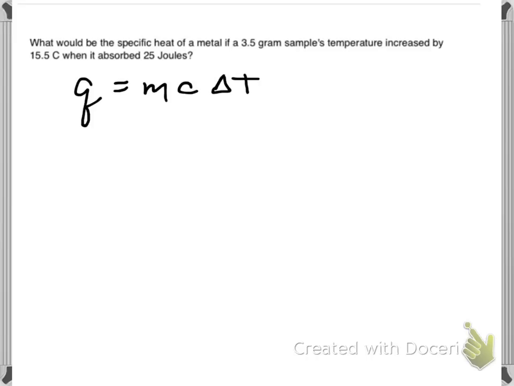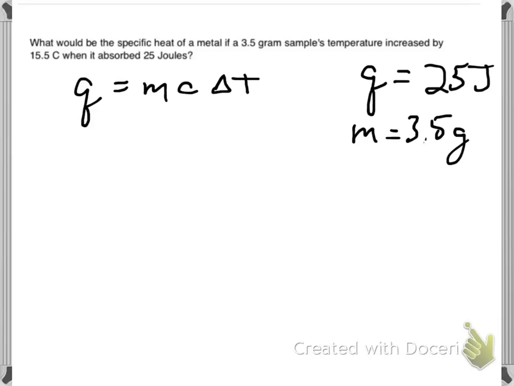And so what I would suggest we do is write down the variables that we know. As we mentioned in class, when we're looking for what in the problem represents Q, Q is going to be our energy, and typically it's in joules. So we have Q is equal to 25 joules. Then we have mass, and mass is equal to 3.5 grams.